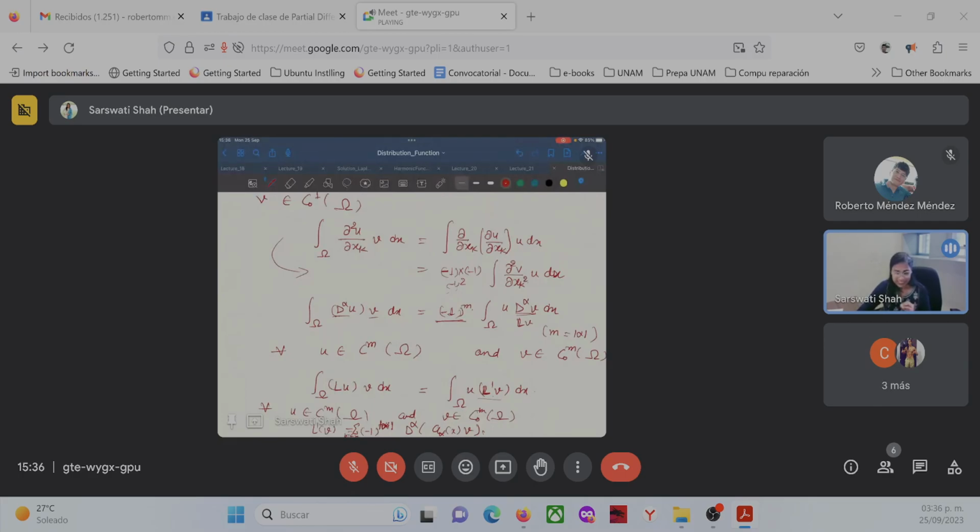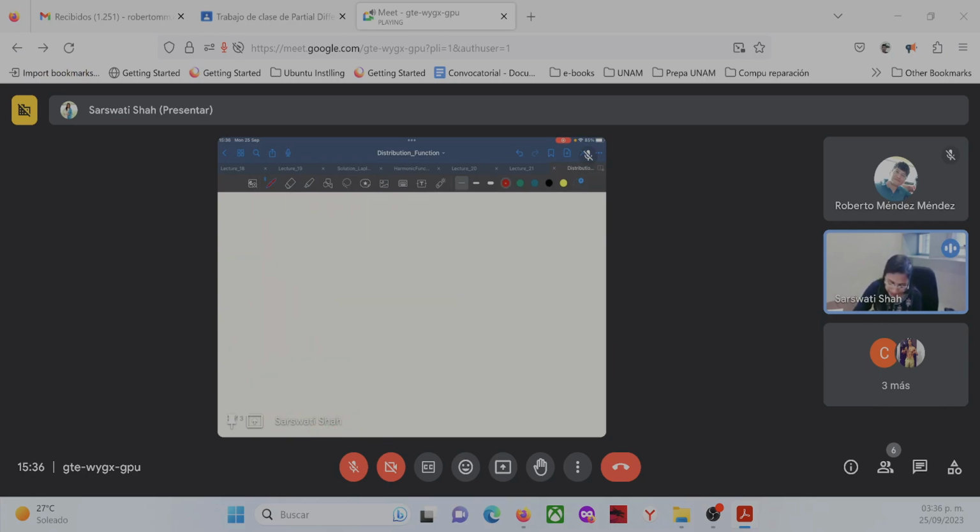Let me explain this on a second order derivative function. Suppose we have a naught x del 2 u over del x square plus a1 x del 2 u over del t square equals 0.